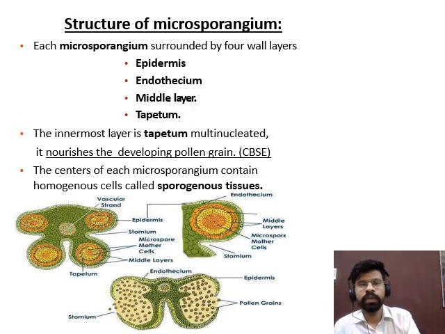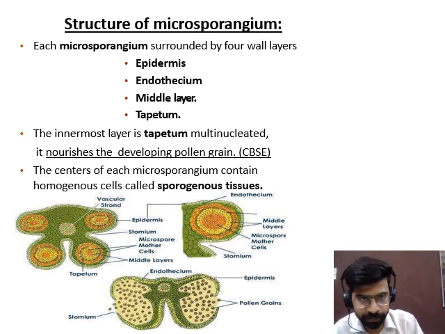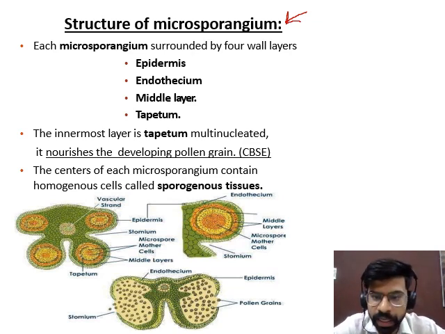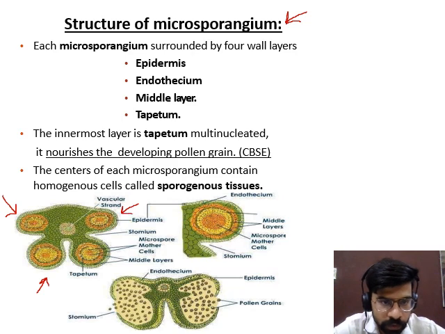Next, now what is the structure of microsporangium? In the last figure, these are 4 future pollen sacs.